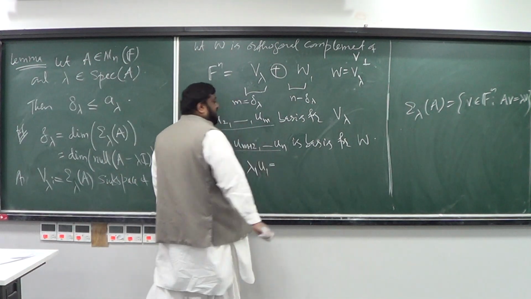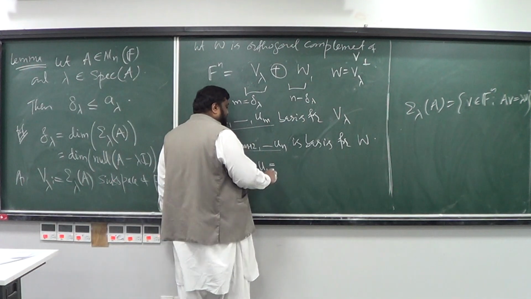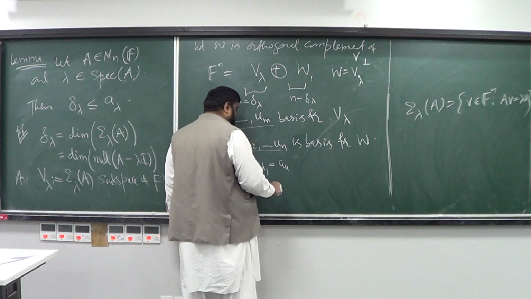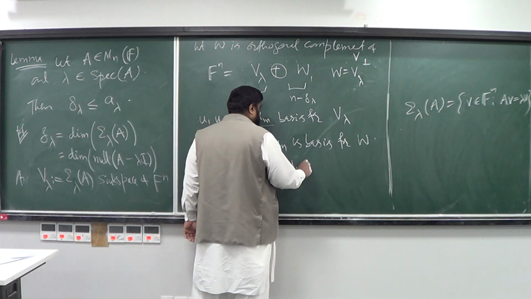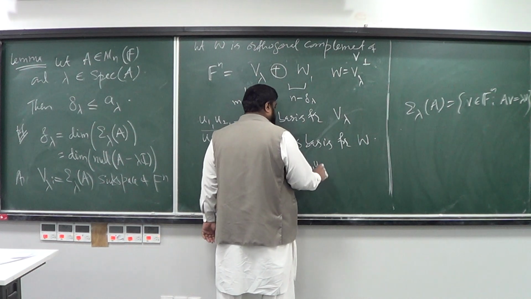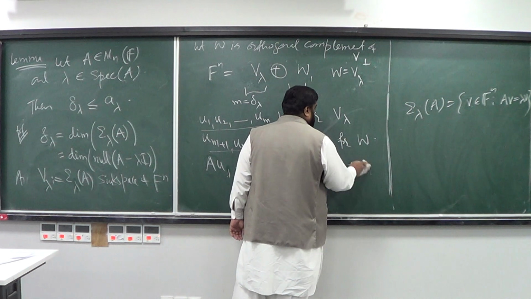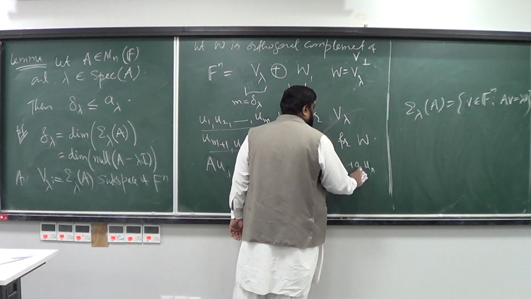I want to rewrite this expression in this manner: A U1 equals A11 U1 plus A12 U2 plus so on and so forth up to A1n Un.